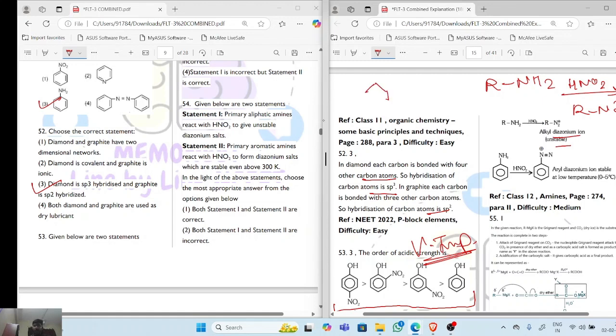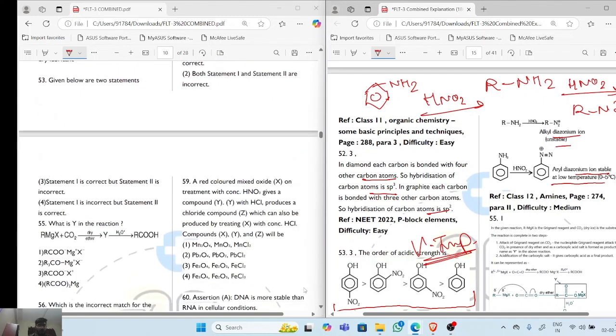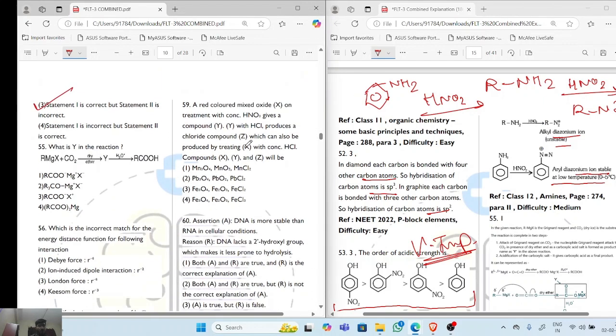A very simple example of a primary aromatic amine is aniline, a benzene ring with an NH2 group. It reacts with HNO2 to form diazonium salt, stable at low temperature, which is 0 to 5 degrees Celsius. So the correct option will be option number 3, which is statement 1 is correct but statement 2 is incorrect.